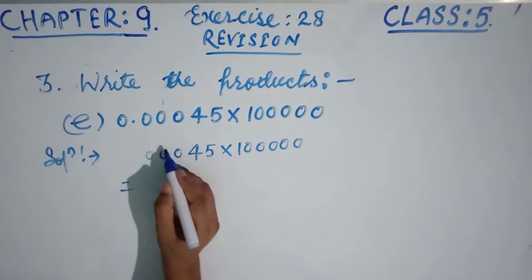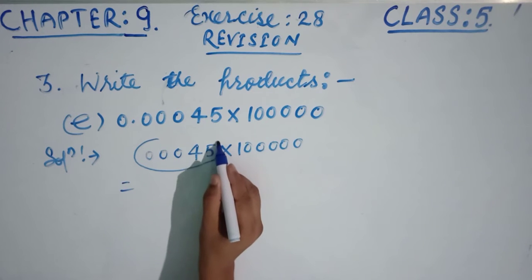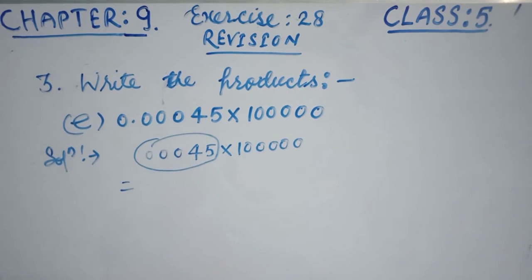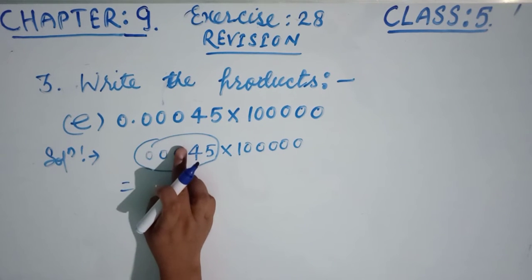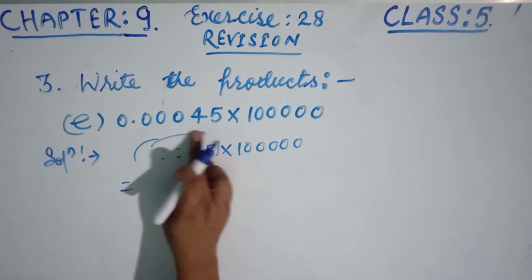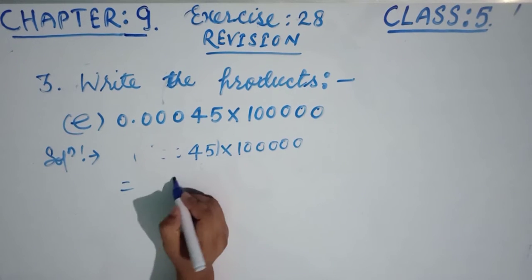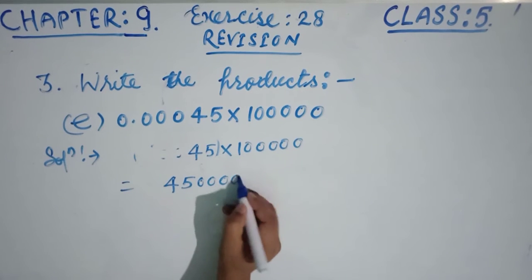Now see friends, you know that numbers carrying zeros before the number, those zeros cannot influence the number, so this is nothing but only 45. So 45, and how many zeros? 5 zeros, 1 2 3 4 5.